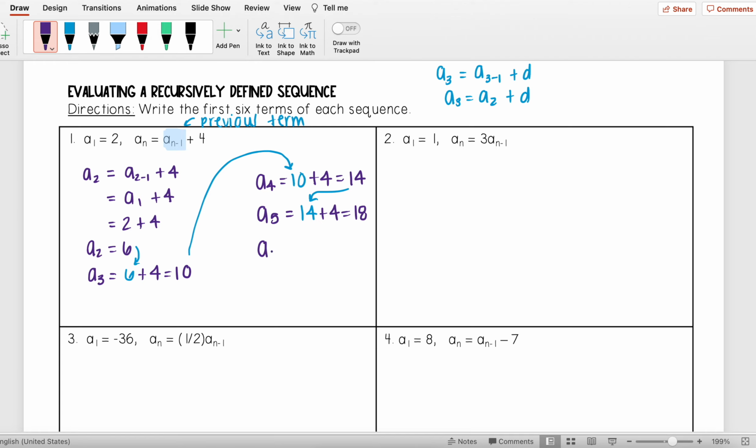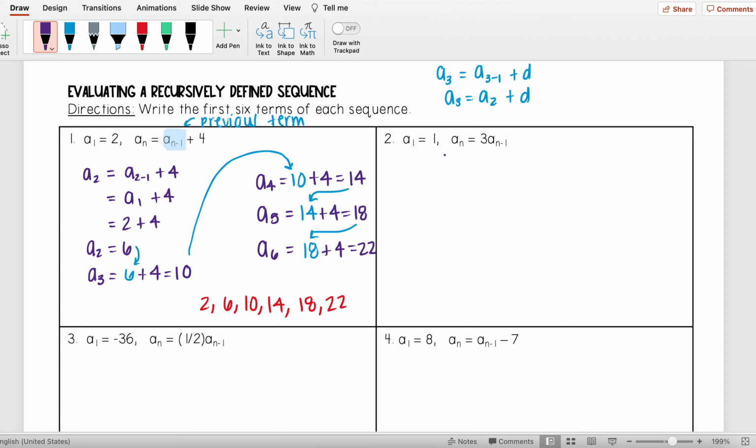And then my last term, a6, is equal to the previous, which is 18, plus 4, which is equal to 22. So my 6 terms are 2, 6, 10, 14, 18, 22. And you notice I am adding 4 each time, which is my common difference.